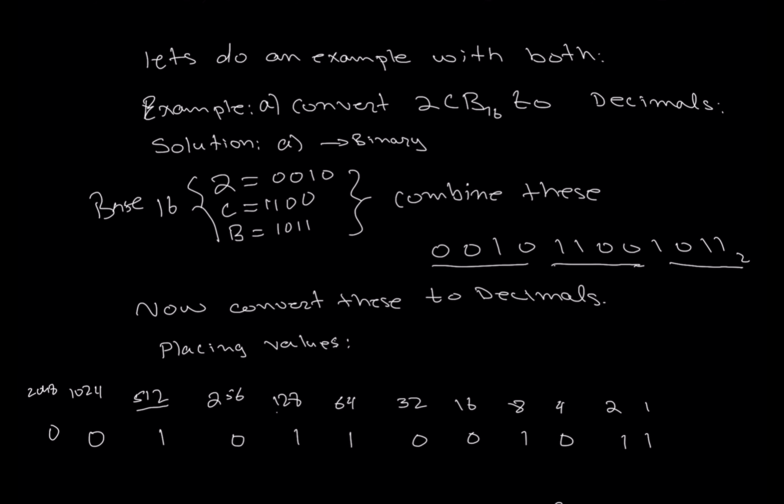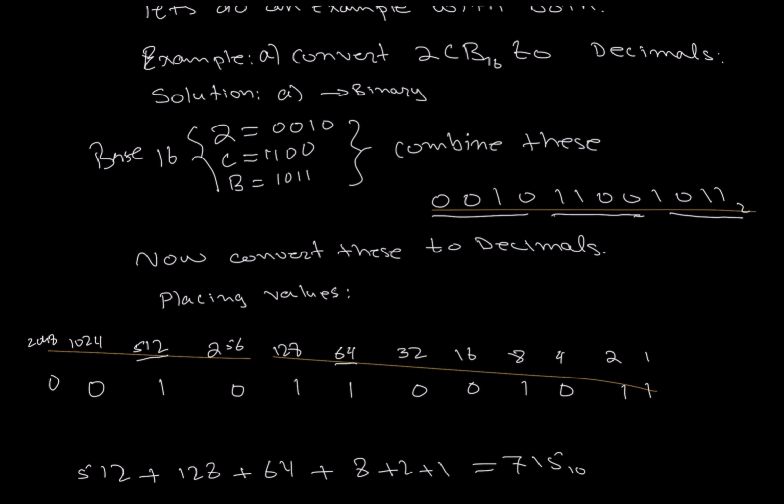For example, this multiplied by that, this multiplied by that. This is 0, and 0 doesn't count, so that's why we don't add it. So we got 1 in 512, so 1 times 512 is 512. And we got 1 right there, 128. We got one in 64, so all the way to here. So 715 is our decimal number.